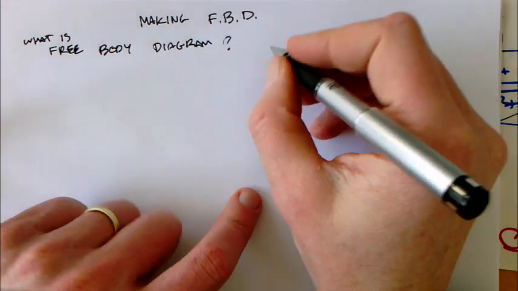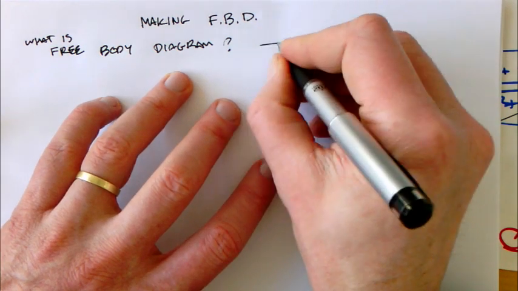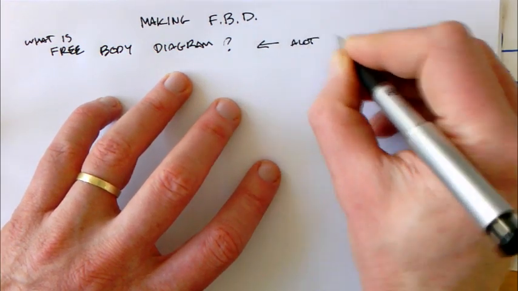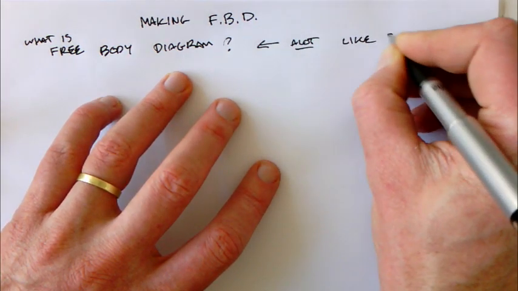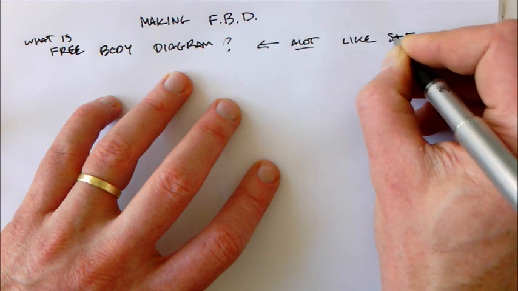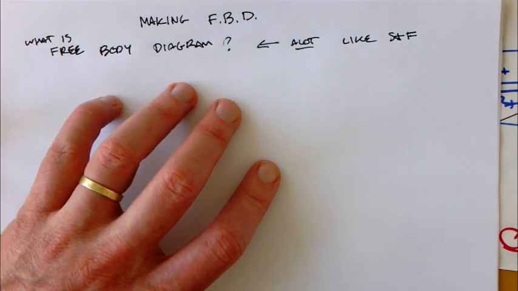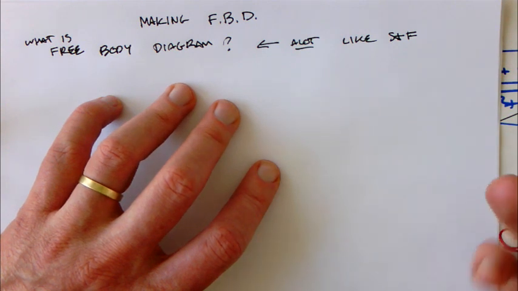So in some ways, a free body diagram is a lot like a stock and flow, in that it basically is a way of defining how many things you're thinking about in this system and how stuff is affecting the things that you're thinking about.